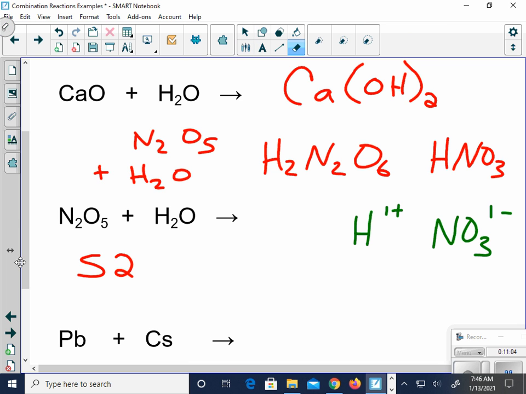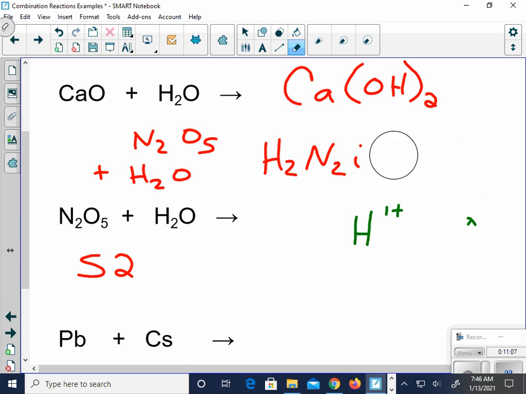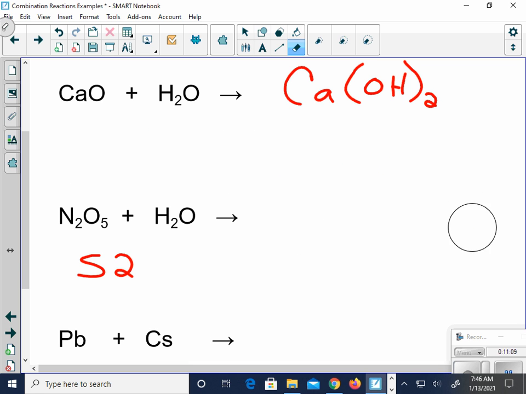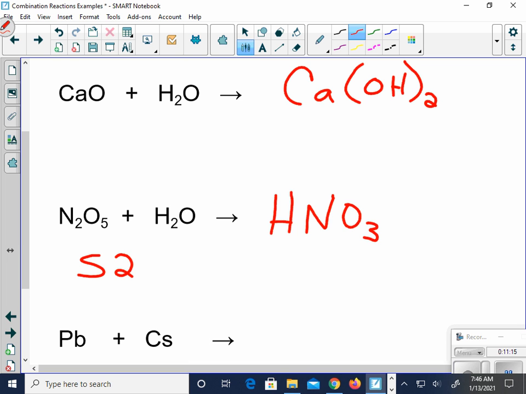So as I'm coming back and I'm cleaning this up, I am going to write HNO3 because that is my oxyacid, and I'm going to need to balance this. And if I put a 2 right here, that should balance this particular one up.